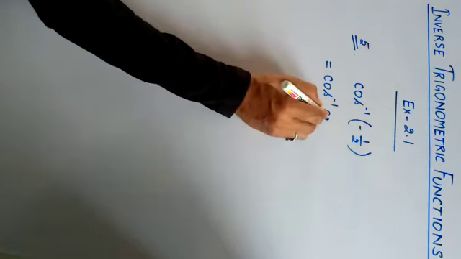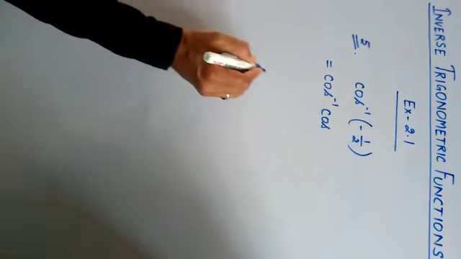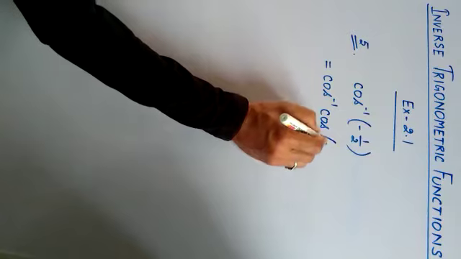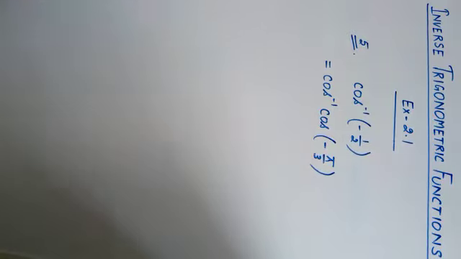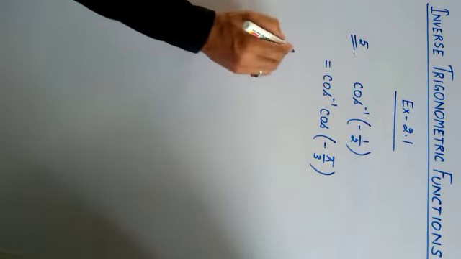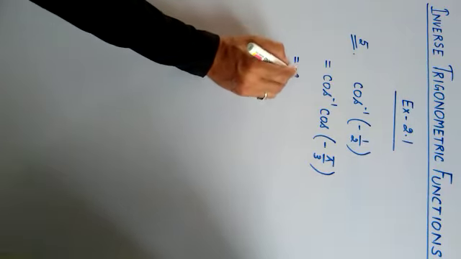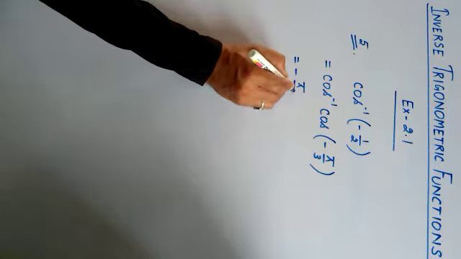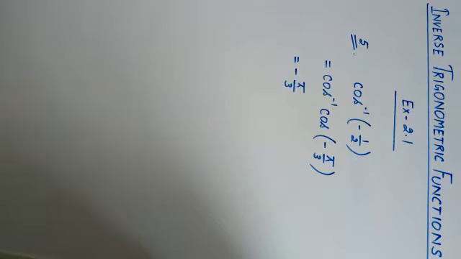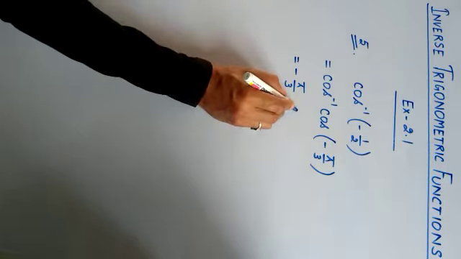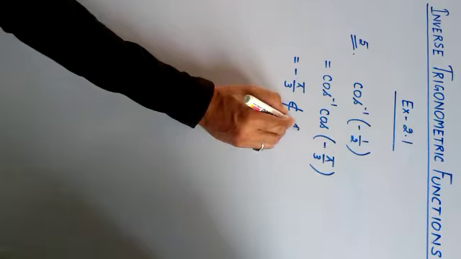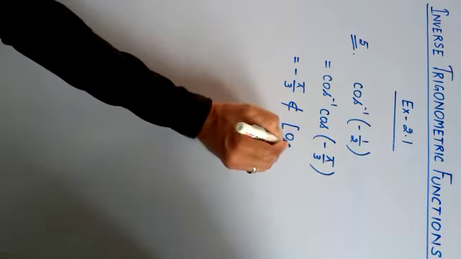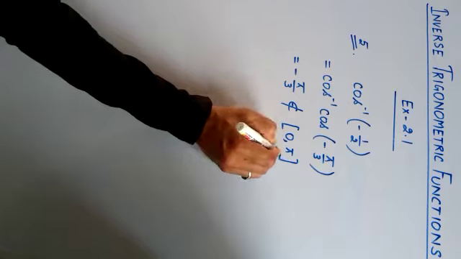So in place of minus 1 by 2 we can write cos, minus sign is there, so minus pi by 3. But here minus pi by 3 does not belong to the range of cos inverse, which is 0 to pi.